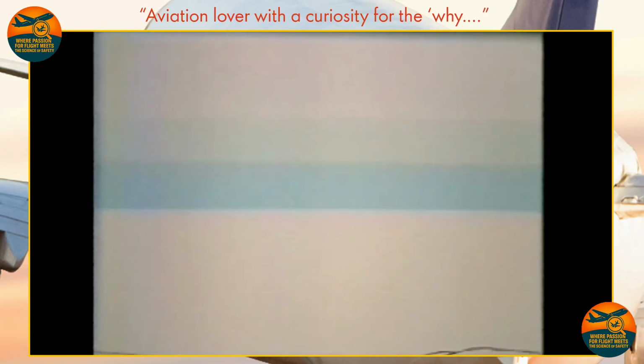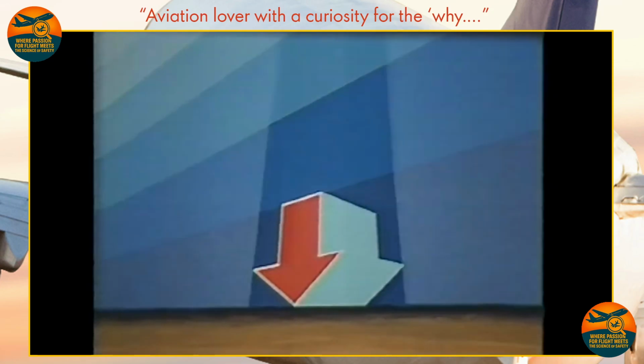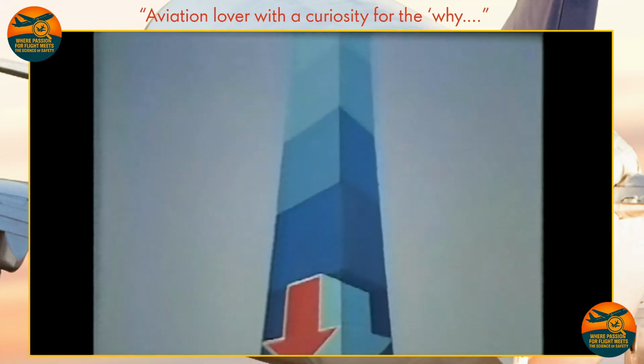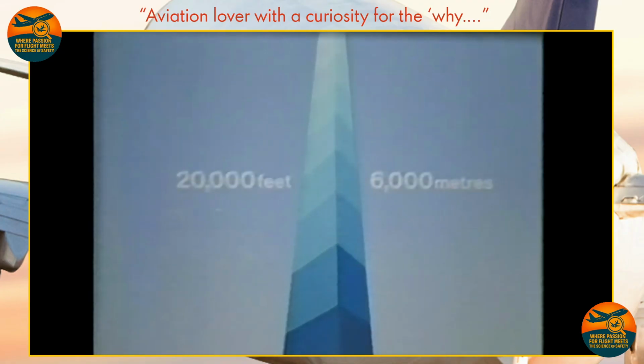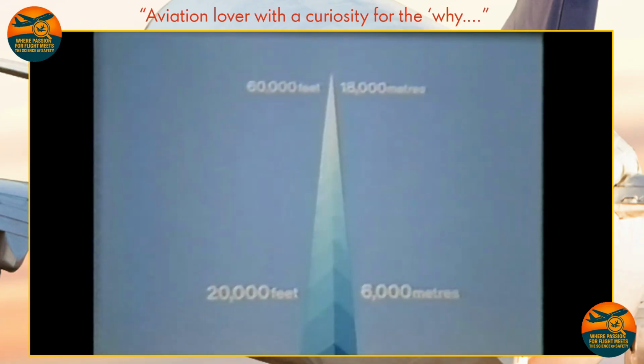It has density and pressure, both greatest at sea level, where the pressure averages nearly 15 pounds per square inch. The further from sea level we climb, the lower the pressure becomes, until at 20,000 feet it's only about 7 pounds a square inch, and at 60,000 feet only about 1 pound a square inch. And as the pressure falls, so does the density and the temperature.